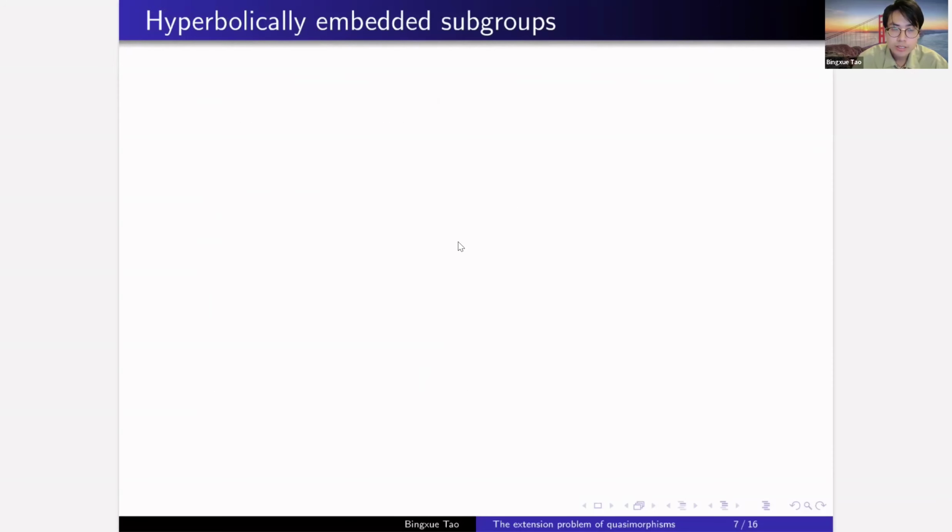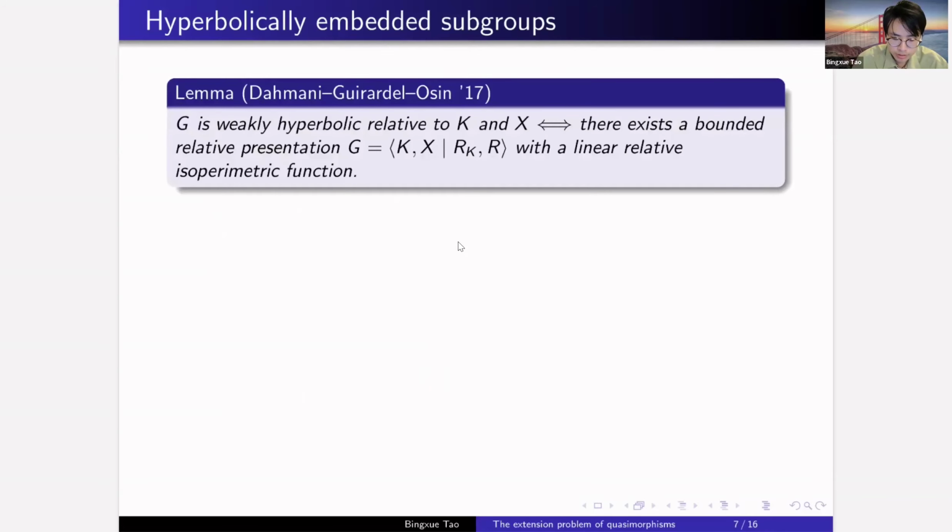Okay, let me introduce this stronger relative hyperbolicity. That is hyperbolically embedded subgroups. So first, the weak relative hyperbolicity we introduced before is proved to be equivalent to the right-hand side: there exists a bounded relative presentation with a linear relative isoperimetric function.